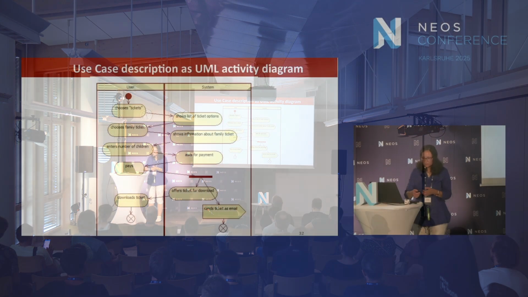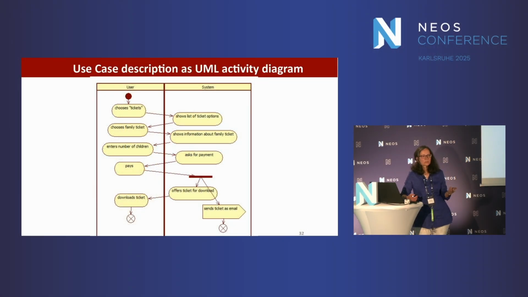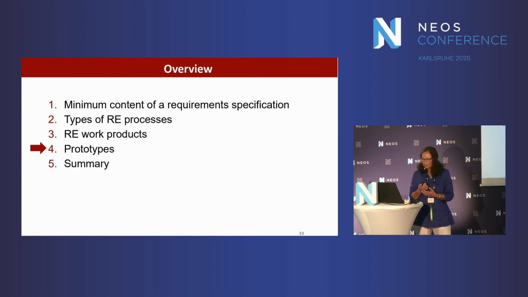And usually it's also easier in this graphical presentation to model error cases and repetitions. This is quite not so nice in a textual description. So these are some of typical work products that even in the lightweight requirements engineering I would model.